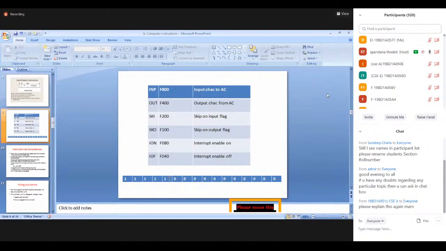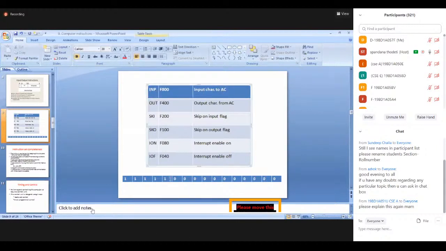If the value of IR is F800, it performs the INP operation. What is this INP operation? Input a character to the accumulator. You have an INPR register which holds the input data given by the input device. Whatever data is in INPR can be moved to your accumulator if the operation is INP.